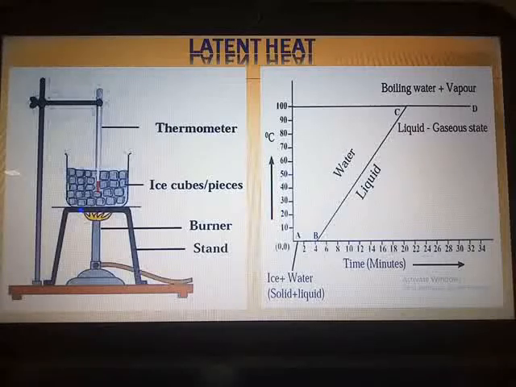The temperature of the mixture remains at 0 degrees Celsius because you all know that the melting point of ice or water is 0 degrees Celsius. If you continue heating even after the conversion of all this ice into water, the temperature of water will start rising and it will reach 100 degrees Celsius.